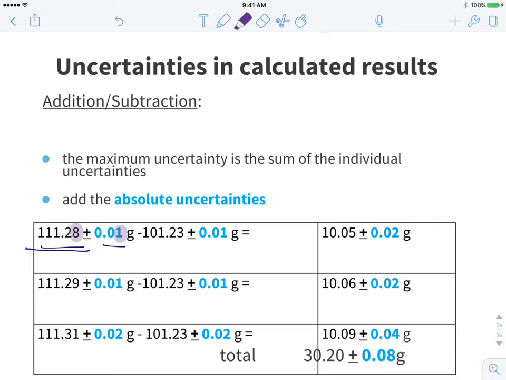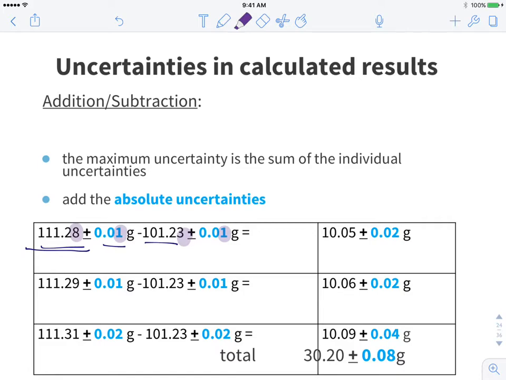Now let's say that I took another value. I heated the crucible and some of the water evaporated from the sample, and in the end I'm left with my dehydrated sample. And when I do that, I also have an uncertainty, and that's again 0.01 based on the smallest increment.